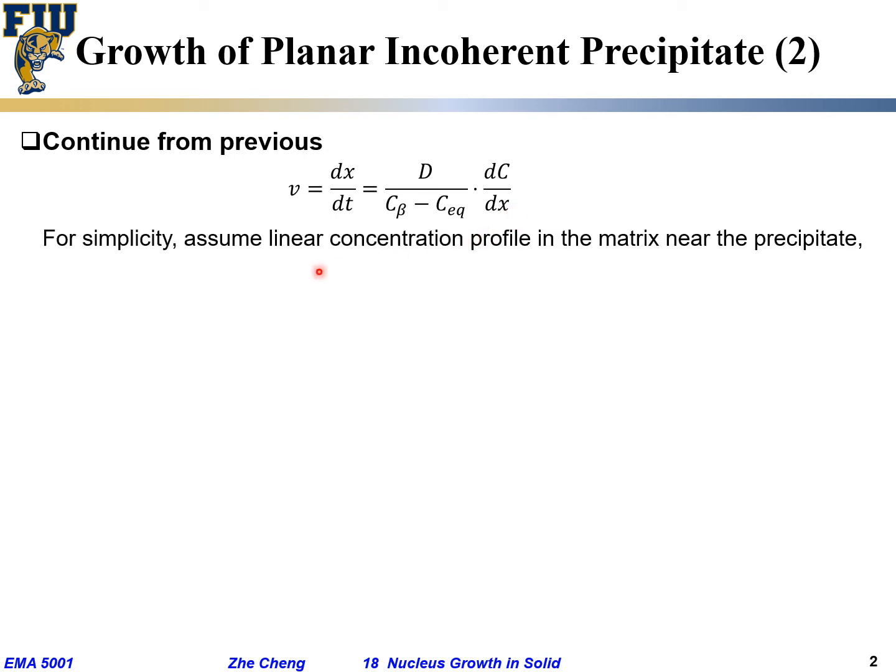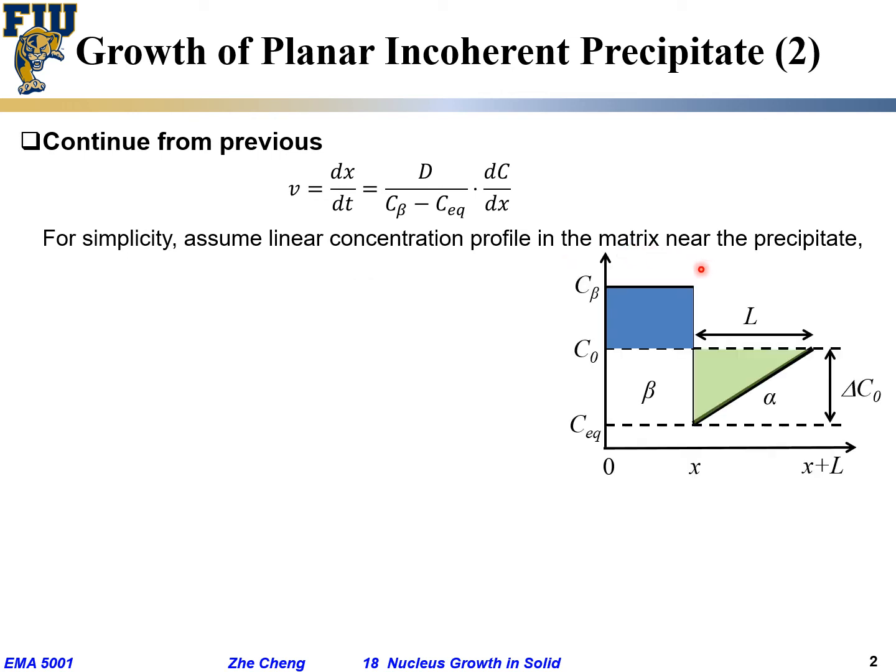Okay? And if we, for simplicity, assume the linear concentration profile in the matrix phase, in the alpha phase, near the precipitate, what we mean is that, as we plotted here, we are plotting concentration versus horizontal axis for location, and then left side is beta phase, right side is alpha phase.